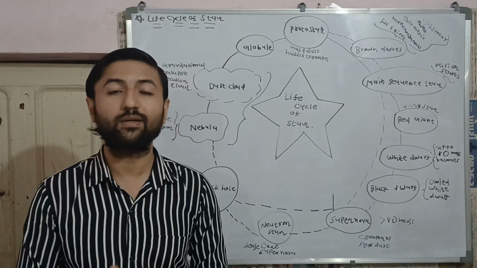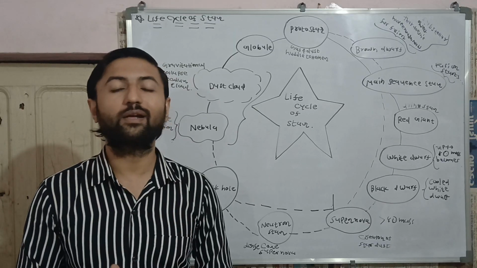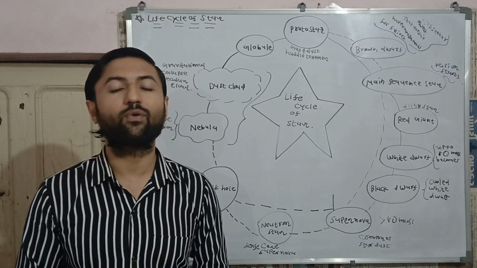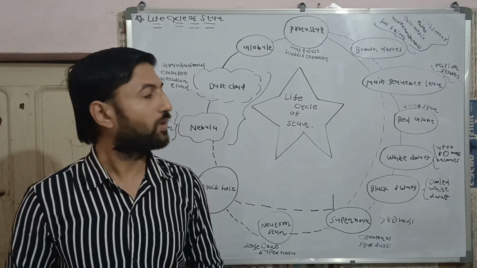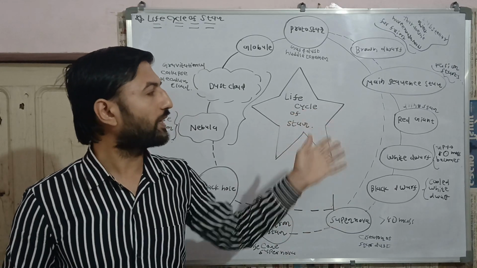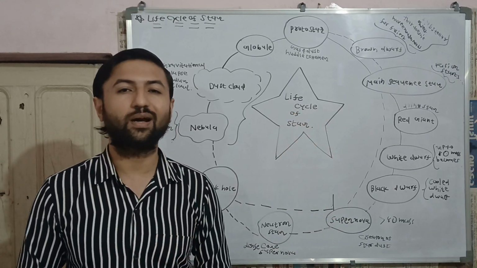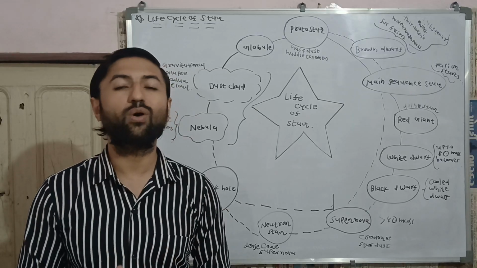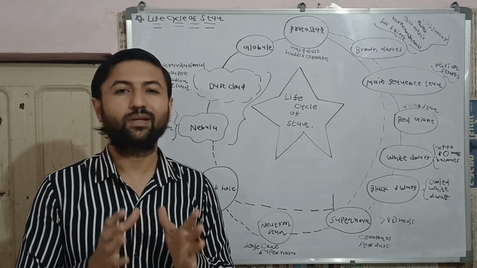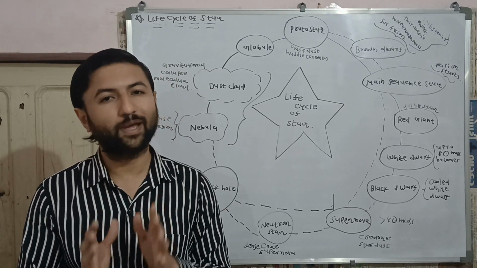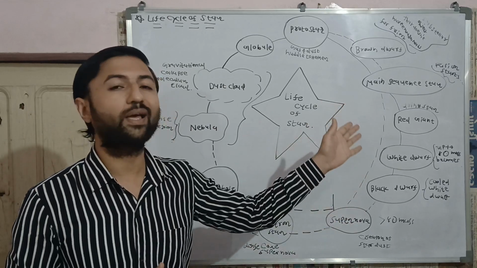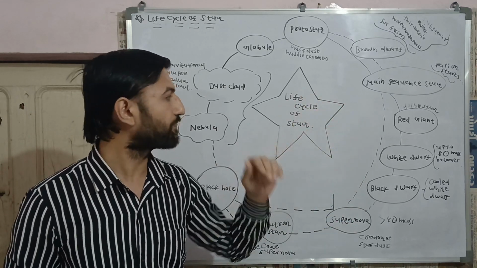So it will eat up to Earth and other planets so that it can survive for a few more years. Whatever radiation that red giant star is emitting falls in the red region of the electromagnetic spectrum, and that is why it is known as red giant star.